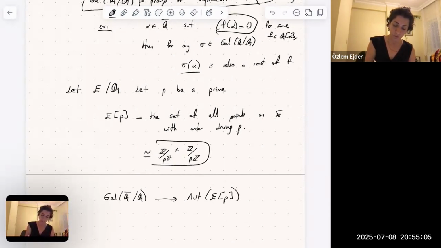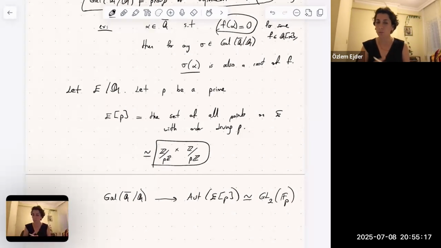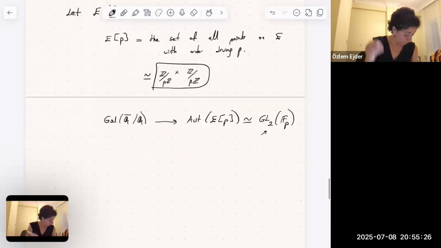Since this is isomorphic to this group, the automorphism group corresponds to the invertible 2 by 2 matrices with coefficients modulo P. So my coefficients are not integers, but integers modulo P, and they're 2 by 2 and invertible. And then what the theorem of Serre says is the following.